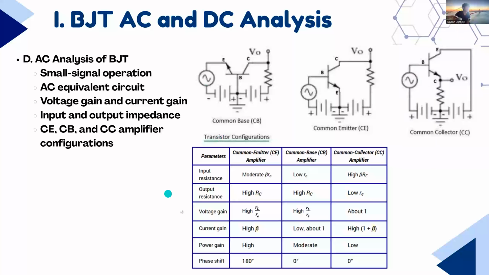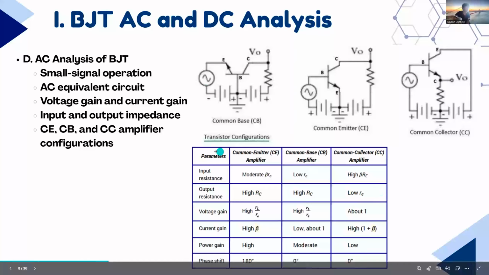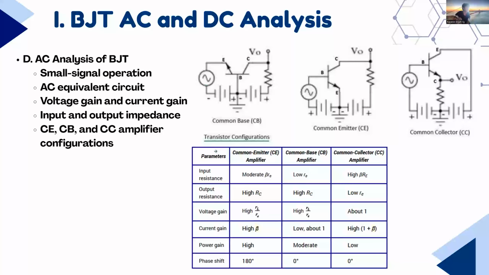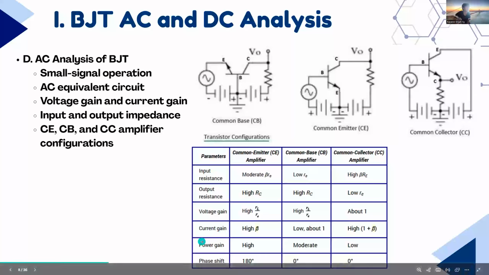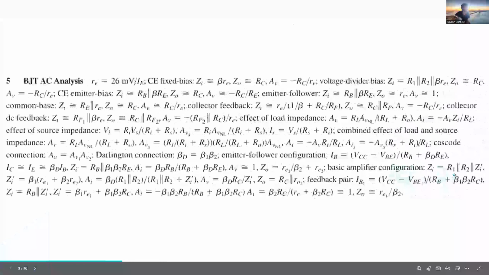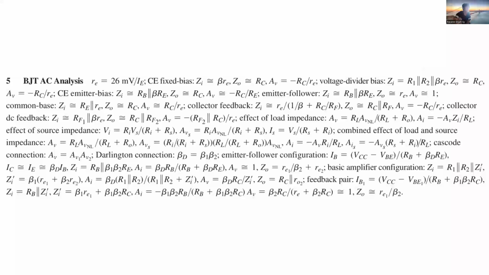So in this table, we can clearly see the differences of the input resistance, output resistance, voltage gain, and current gain, and finally, power gain, and its shifts in phase.